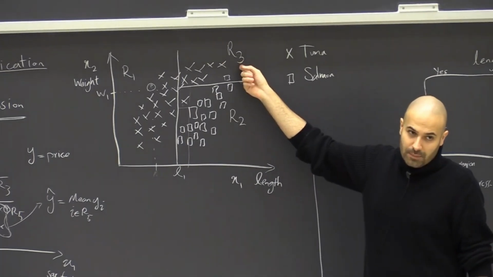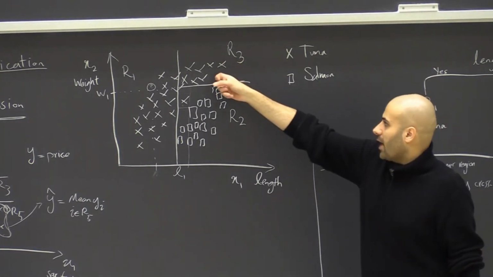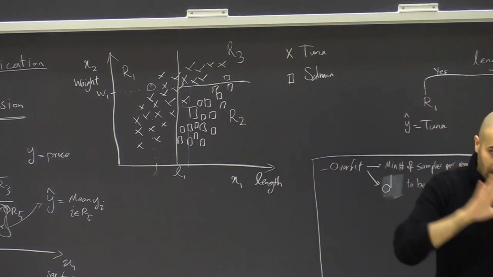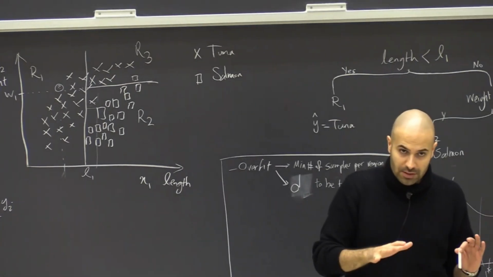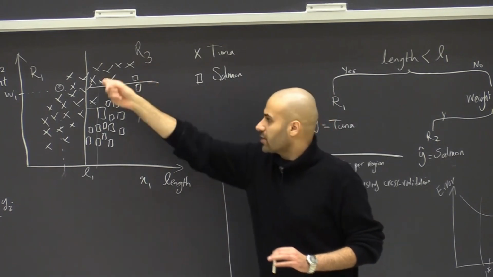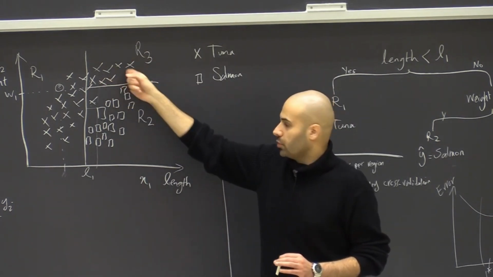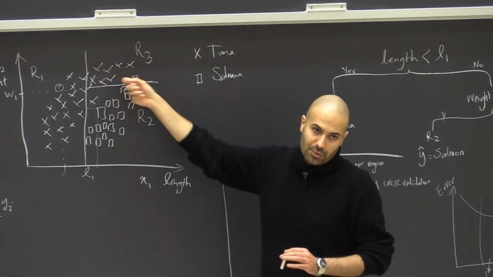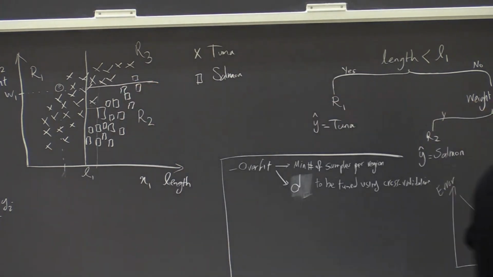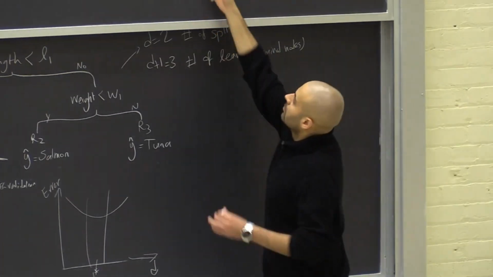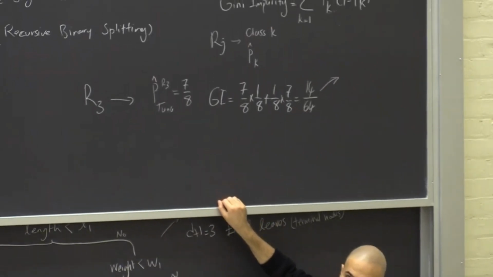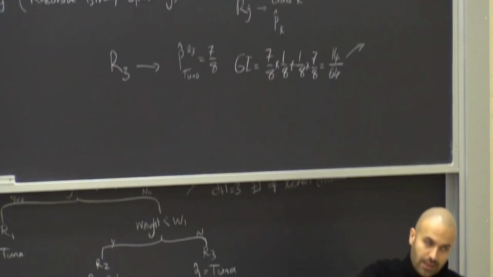So when we are in region 3, we're going to classify as tuna. That's it. But in this example, I'm talking about some hypothetical situation in which we would classify based on the distribution of tuna and salmon. The distribution is 7 to 1, 7 tuna, 1 salmon. This defines the probability of misclassifying an observation in that region.